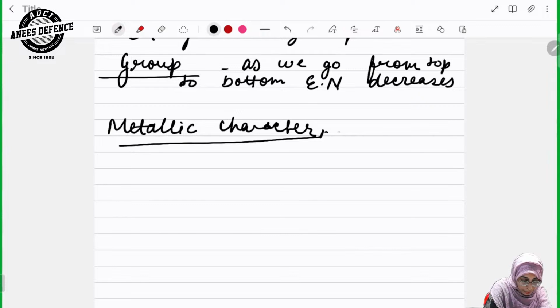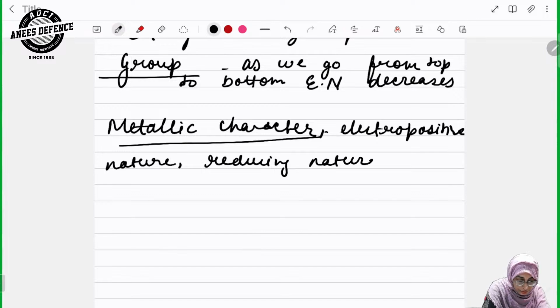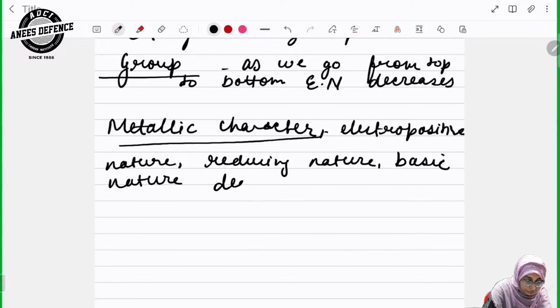Metallic nature, electropositive nature, reducing nature, basic nature decreases as we move from left to right.